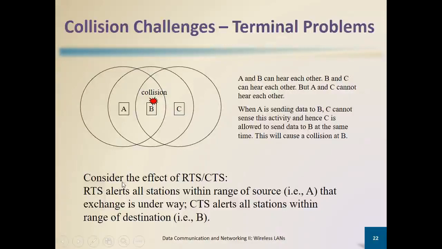So the best way is to consider the effect of what? Request to send and what? Clear to send. The request to send alerts all stations within range of the source, that is A, that an exchange is underway. Clear to send alerts all stations within range of that particular destination, so they are notified and don't also try to transmit.